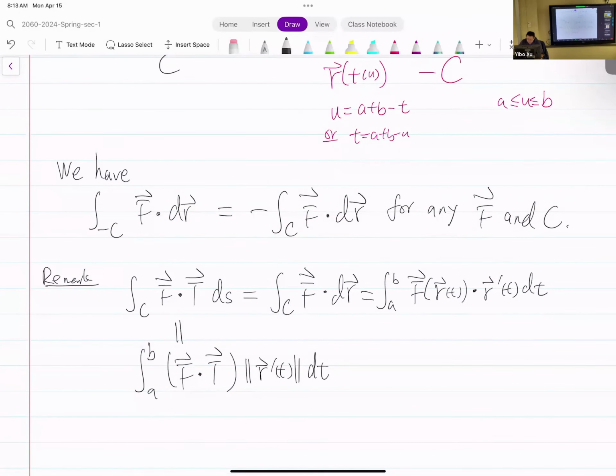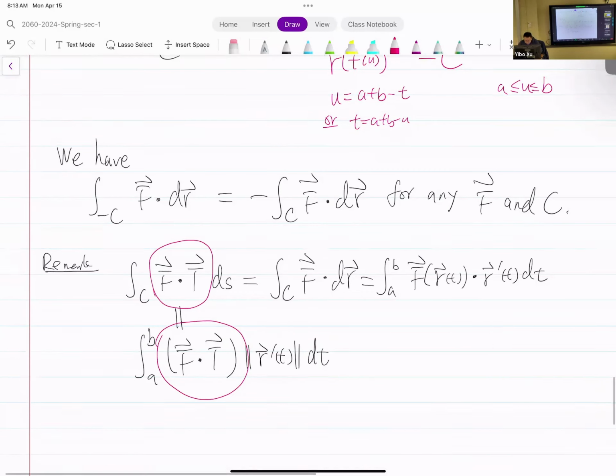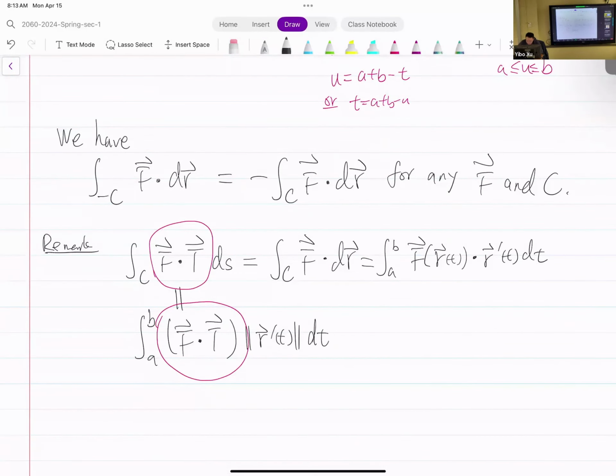So now we realize that the line integral defined in this way involves just scalar functions which are dot products between the vector field and the unit tangent direction along the curve, right?